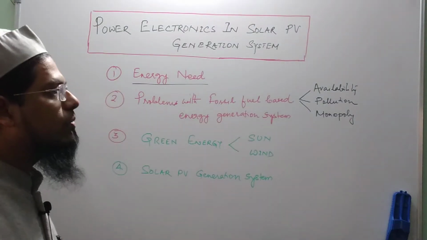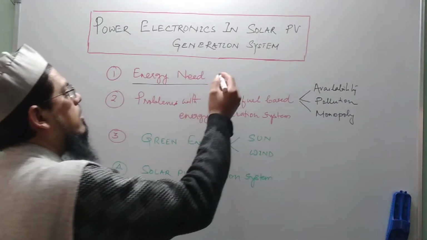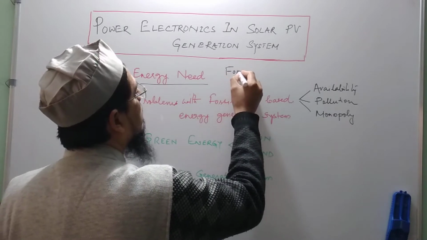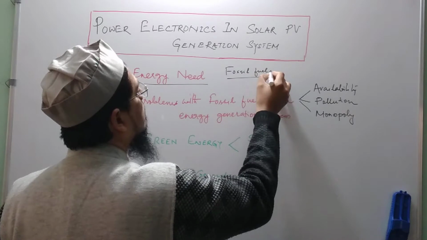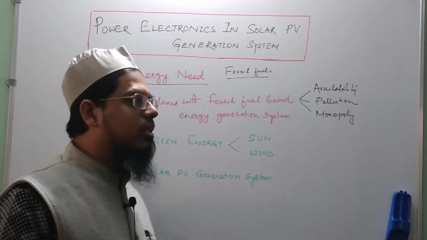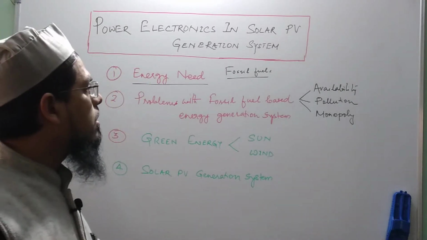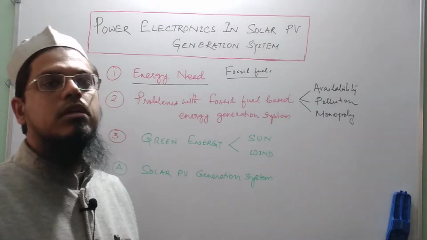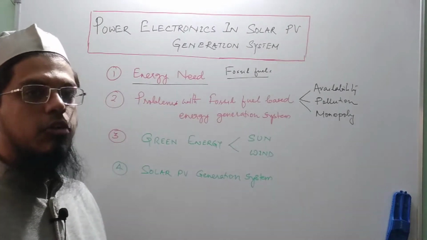So to meet the demand, we basically are utilizing fossil fuels. So most of our energy demand is met by using the fossil fuel resources. But there are certain issues associated with fossil fuel based resources for meeting the energy demand, and I would be talking about them.